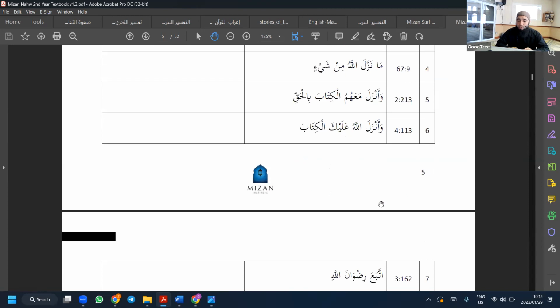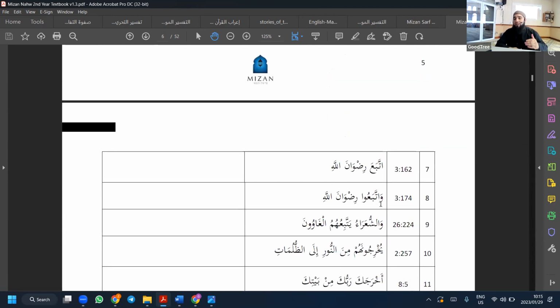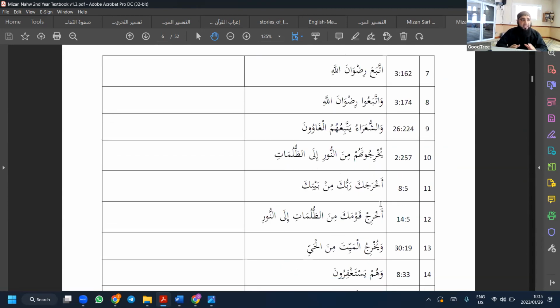What I want you to do for homework is the remainder of the examples. The exercise is to translate these sentences. But the most important part is that I want you to identify the verb.